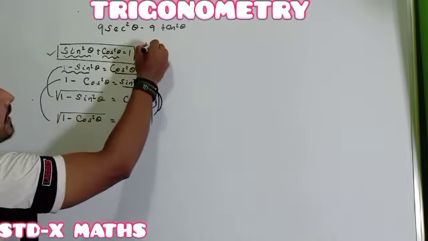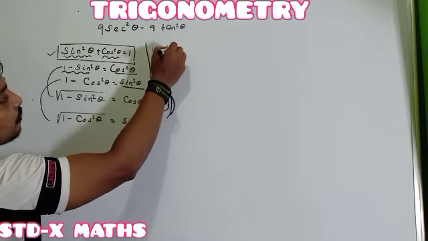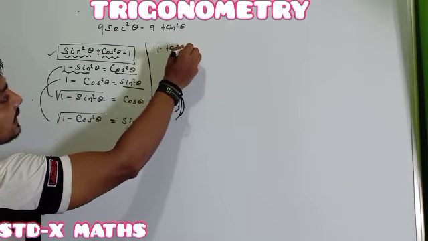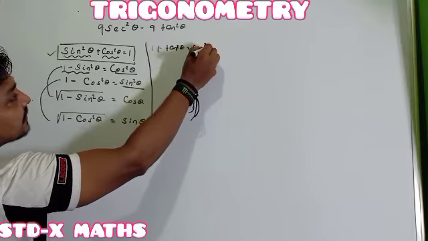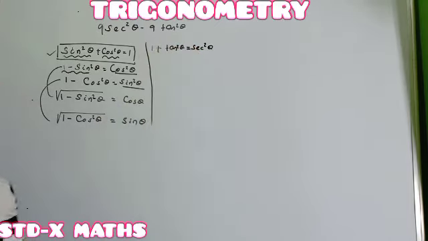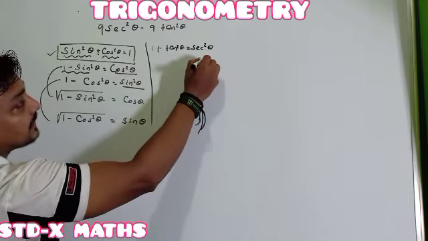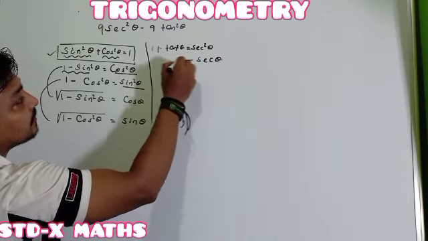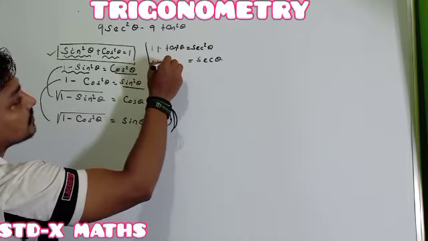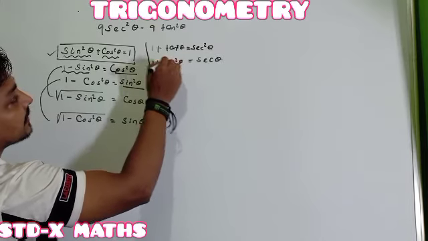In the same way, here is another one: 1 plus tan square theta is sec square theta. So sec theta is the root of 1 plus tan square theta. Sec square theta equals 1 plus tan square theta.